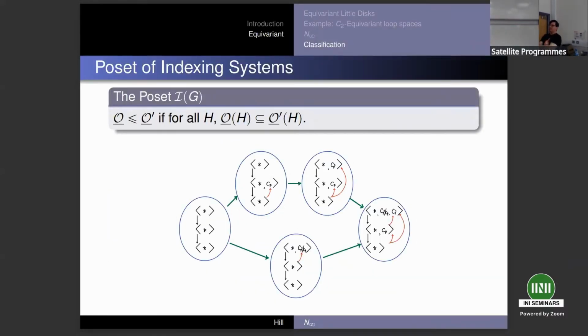And so these form a poset under level-wise inclusion. And I drew out that poset, and you may recognize this shape. It's a pentagon. It's also the first step in Stasheff's associahedra.